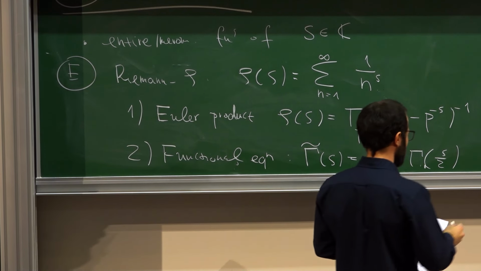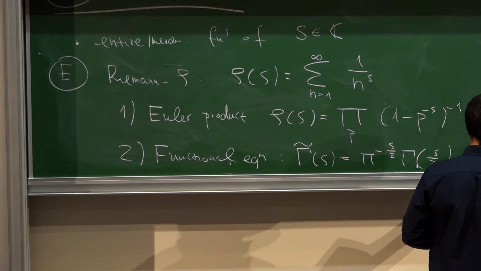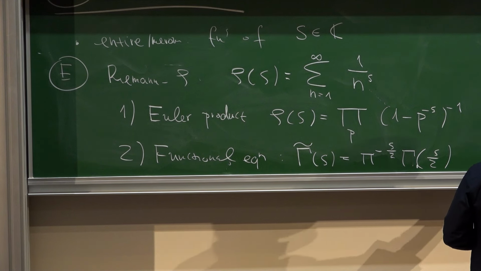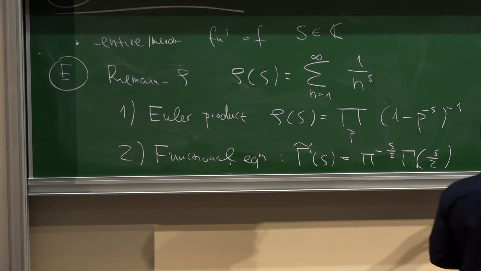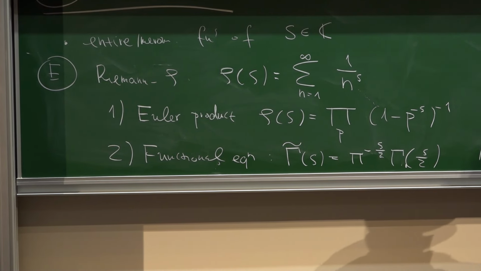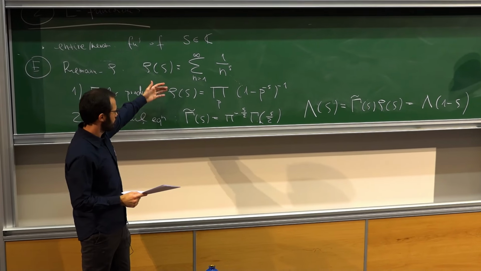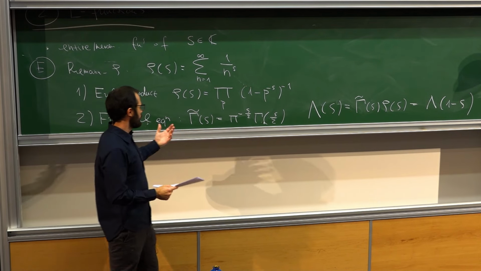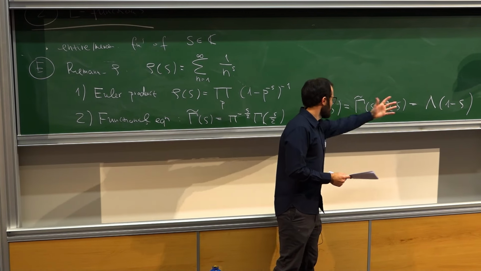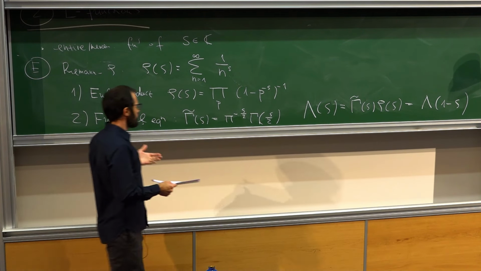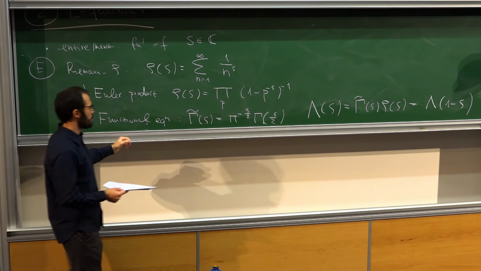And then if we define this completed L function lambda of s as the product of the Riemann zeta and this function, then this function is invariant under s goes to 1 minus s. So the Riemann zeta in the complex plane is not quite invariant under s goes to 1 minus s, but if we multiply Riemann zeta by this nice function, then we get something which is invariant. And this can be proven by writing zeta essentially as a Mellin transform of a Jacobi theta function.